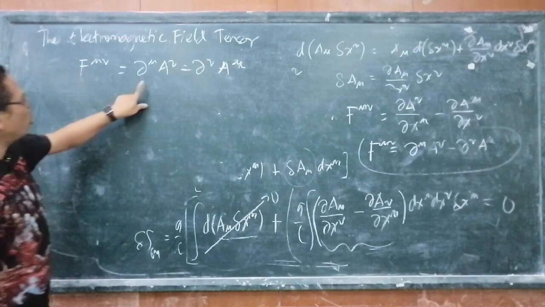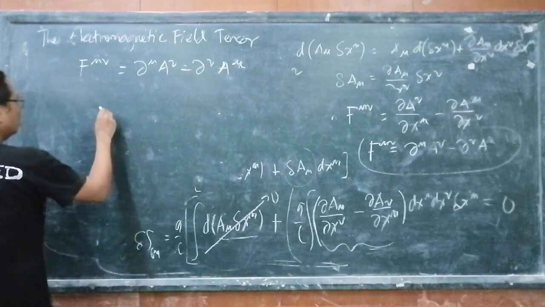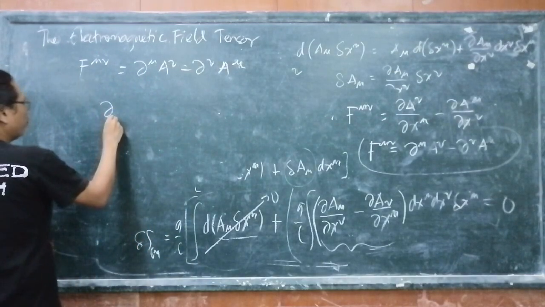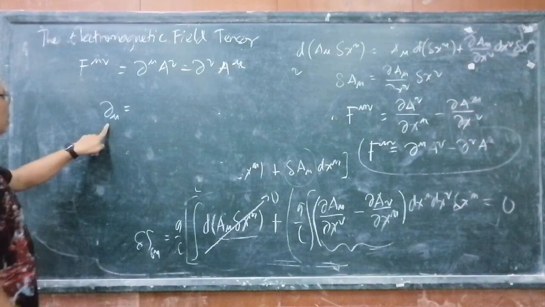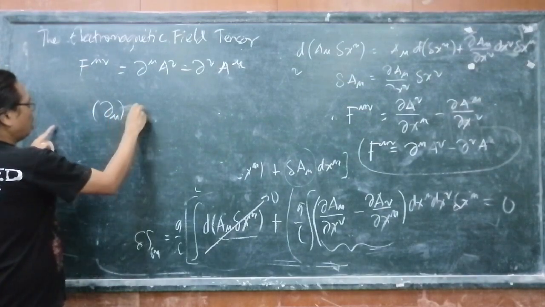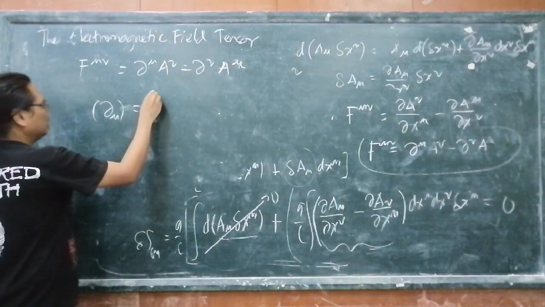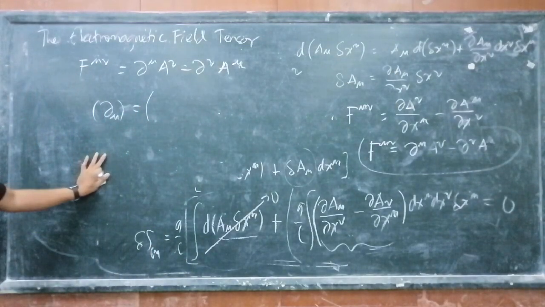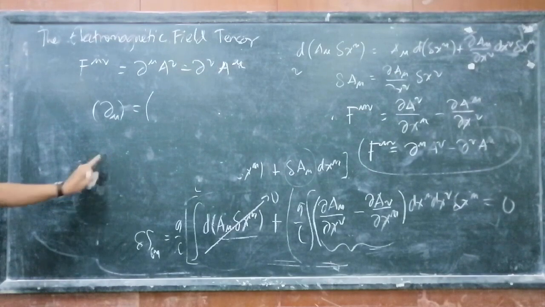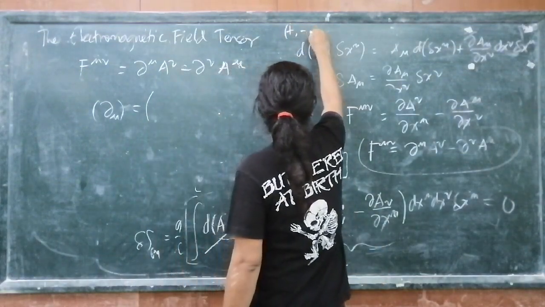By the way, did I define this already? I will define ∂_μ as this column matrix. We'll use the standard Minkowski signature, minus plus plus plus. Last meeting we used plus minus minus minus.